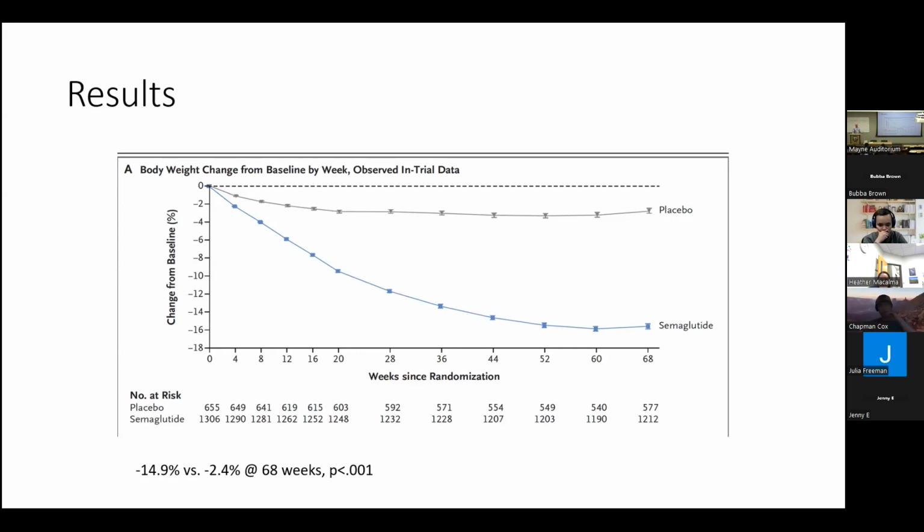So if you're thinking about someone who's 100 kilos, you would have lost almost 15 kilos, which is a lot, 30 pounds. Versus the people in the placebo group, they lost a little bit, but they plateaued up there, and they only lost 2.4%. So roughly around 8 pounds or something like that for most average people in the study.